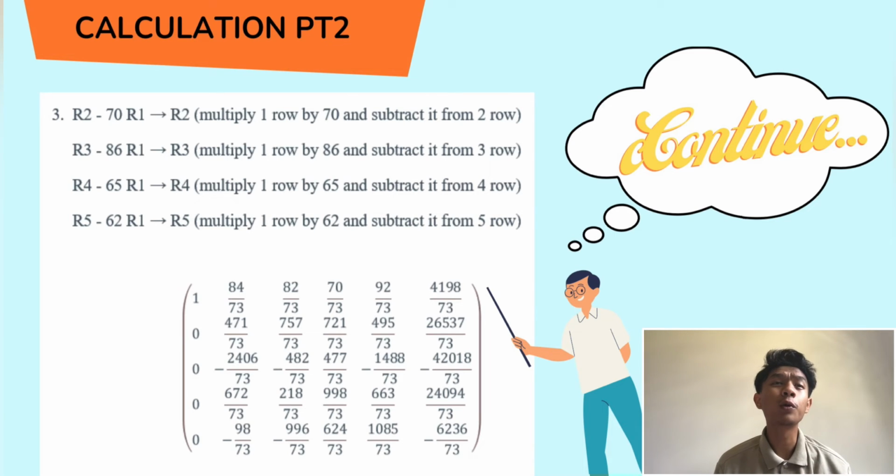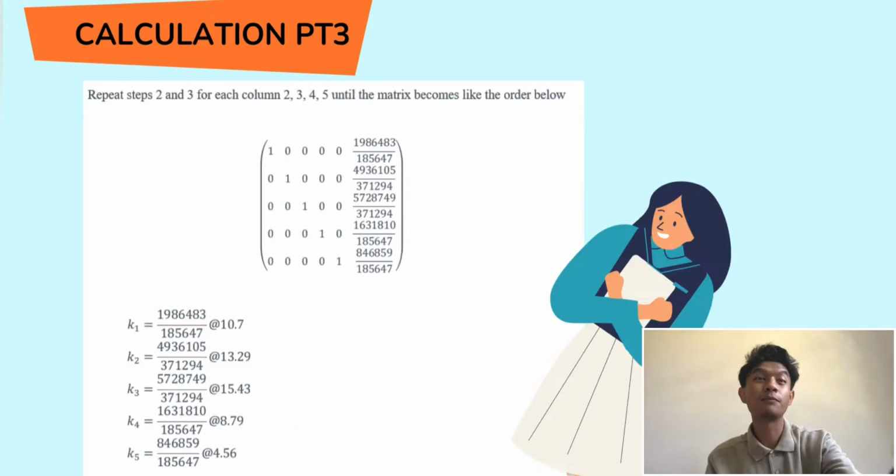For R4, we multiply the first row by 65 and then subtract it from the fourth row. And for R5, we multiply the first row by 62 and then subtract it from the fifth row. And for the last step, we repeat step 2 and step 3 for columns 2, 3, 4, and 5 until the matrix becomes like the order below. That is all from me.